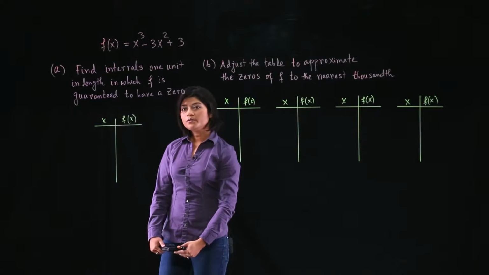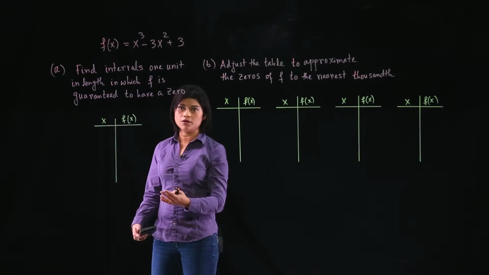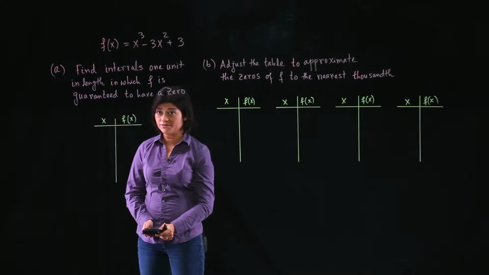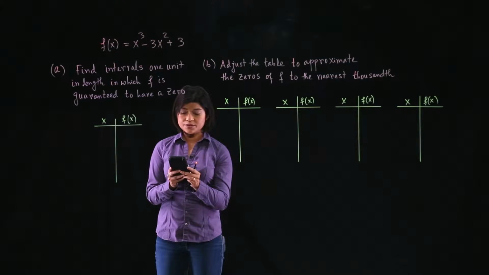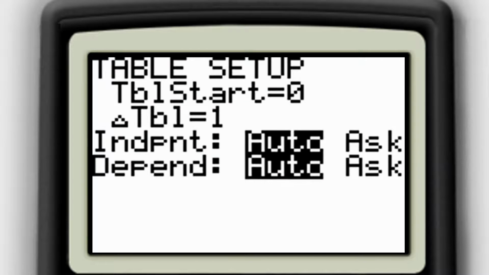Okay, so let's start by finding an interval that will be 1 unit in length where the function will definitely have a zero. So pick a graphing utility that you have and write down the function x cubed minus 3x squared plus 3, and then in the table you can start at any x value that you want.